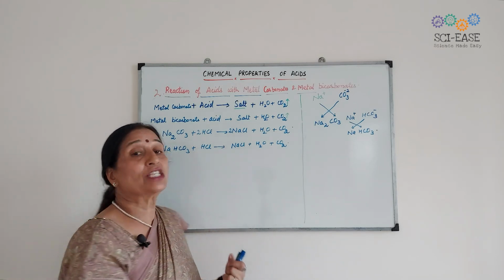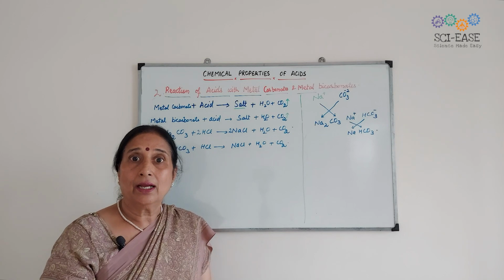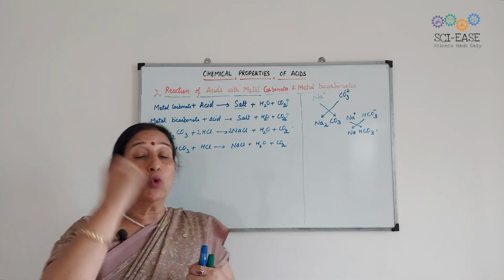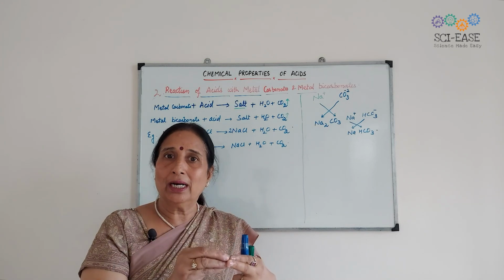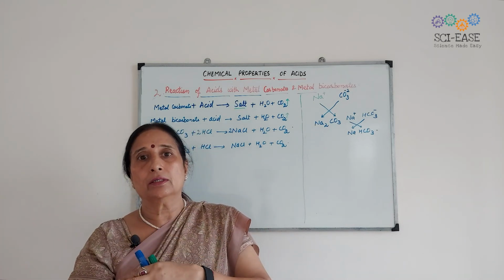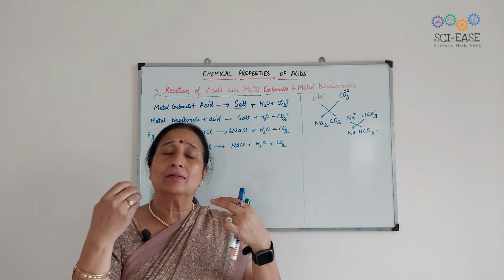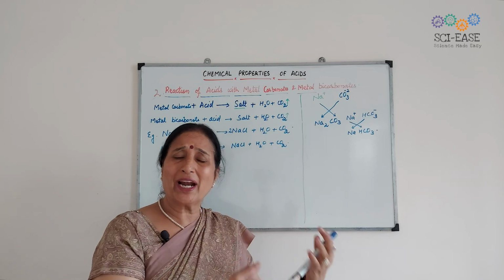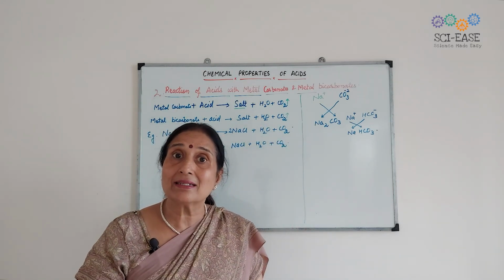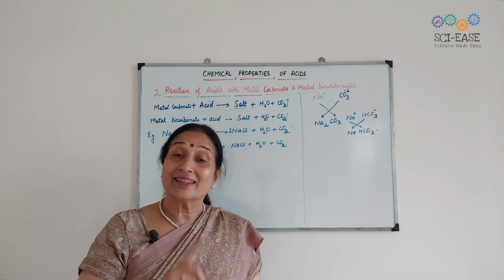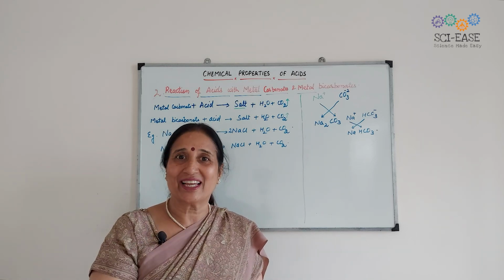Here, what is the test for carbon dioxide? When you open the bottle of Campa Cola or Pepsi, Sprite, etc., you see that some gas is coming out. That gas is carbon dioxide.